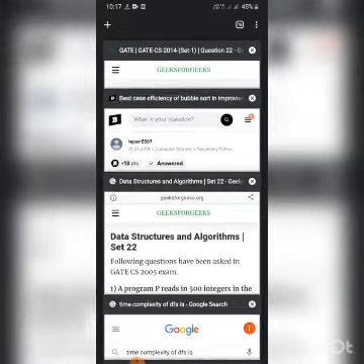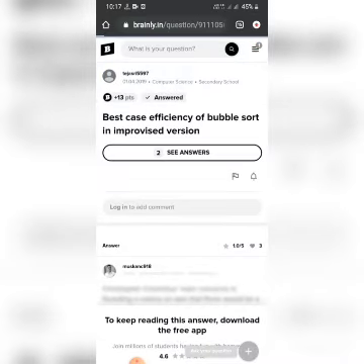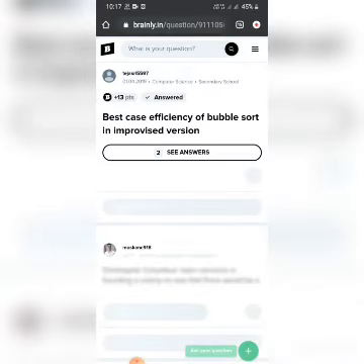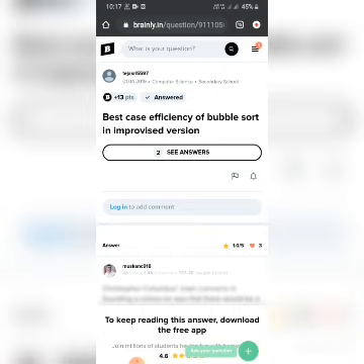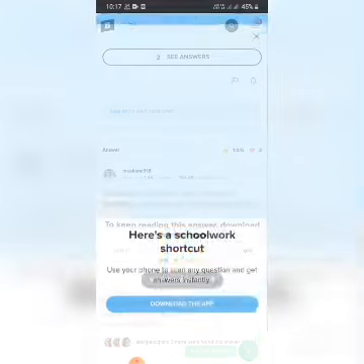Okay, set 22. Best case efficiency. Yes, best case efficiency of bubble sort in the improvised version.